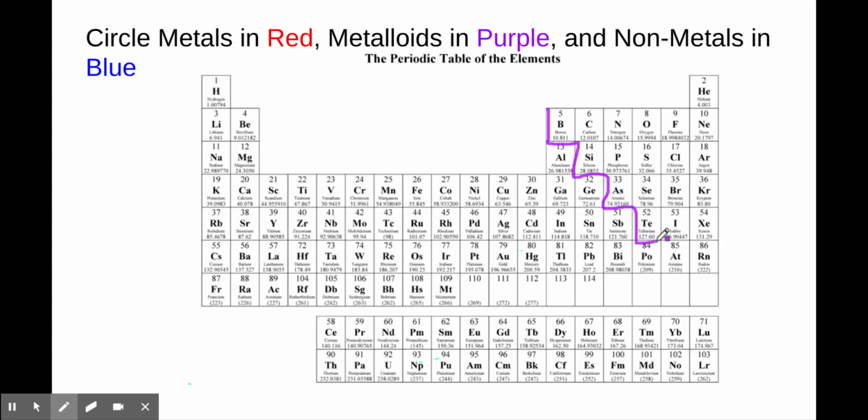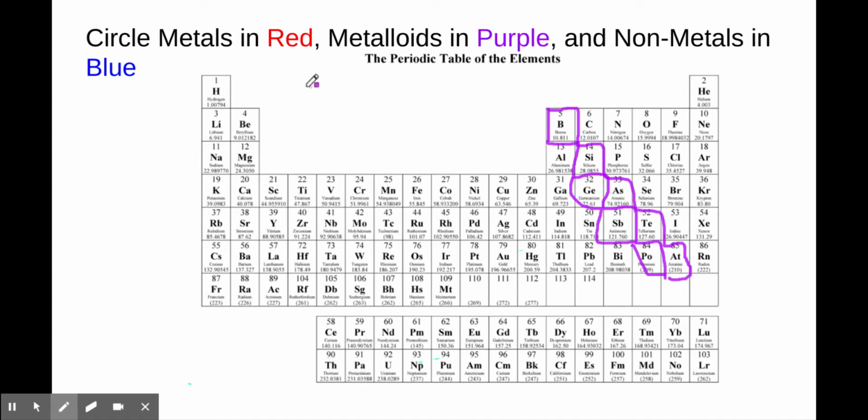And everything that hits that staircase, other than aluminum, is a metalloid. So aluminum is actually a metal, but everything else, all these are the metalloids, which means metallish. They have kind of metallic properties. They have kind of non-metallic properties. They're kind of an in-between group between metals and non-metals.